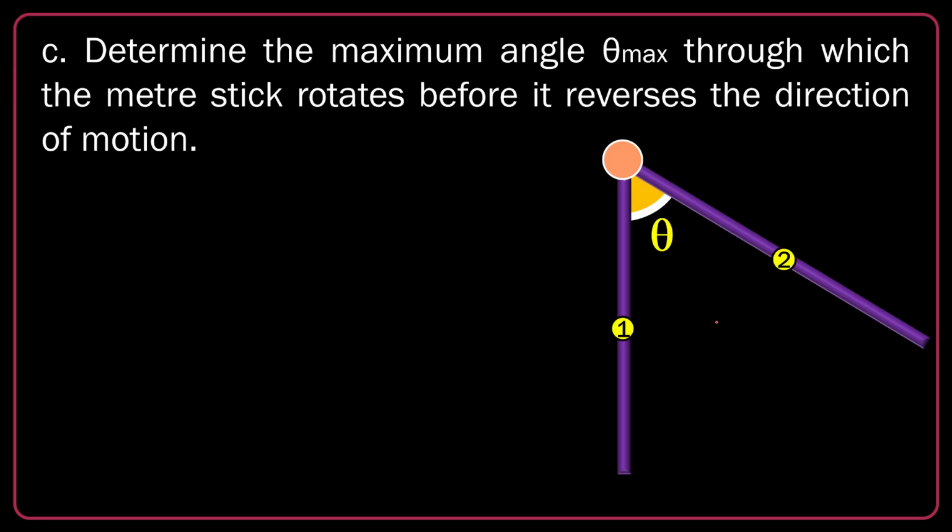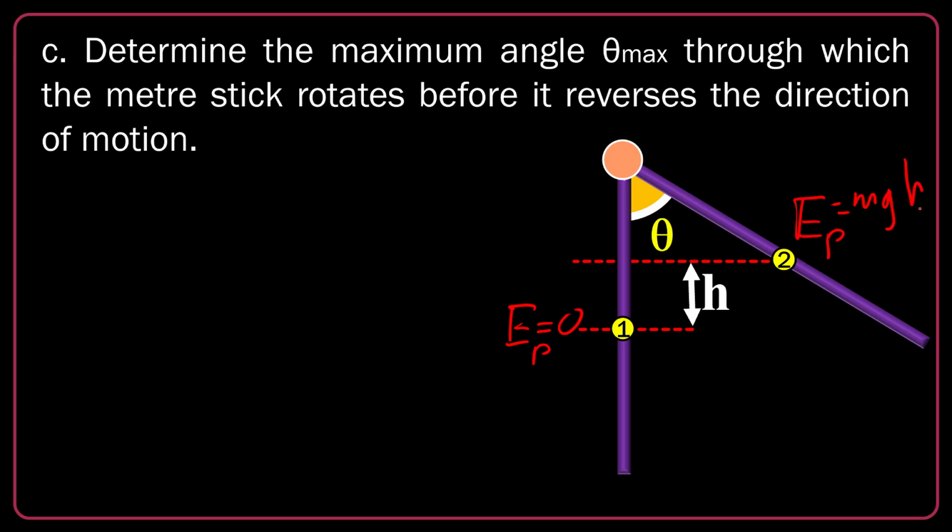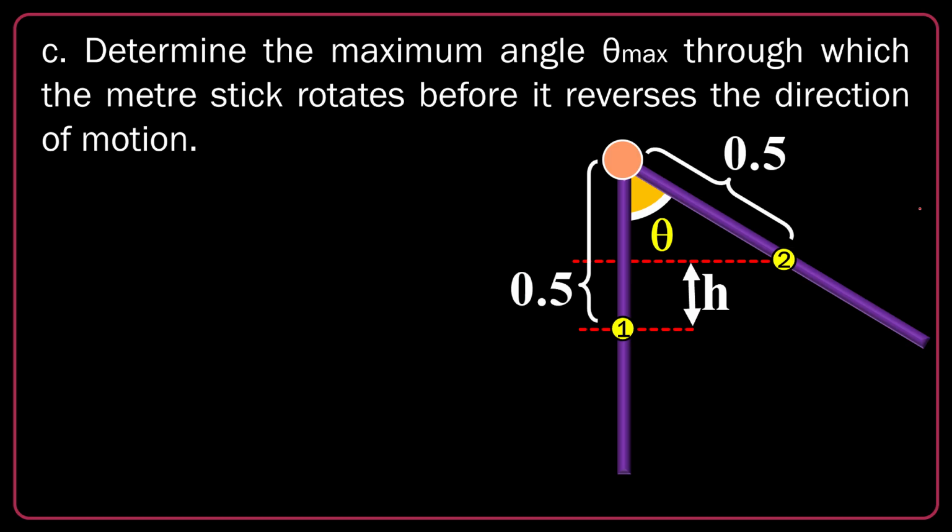As this is a meter stick, let's say the distribution of mass is homogeneous, so the center of mass is at the center of the rod. So the center of mass will displace this much, and this is exactly the h. Let's say the potential energy here is 0 as the ground state, and here we have the potential energy of mgh. So we should focus on the center of mass. The meter stick has a length of 1 meter, so half length is 0.5 meter.